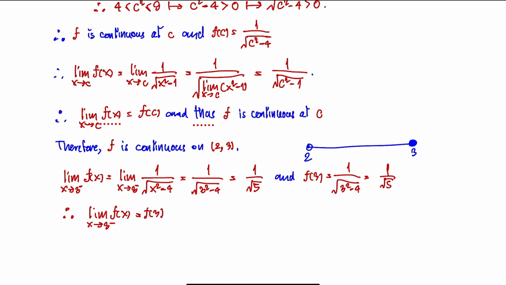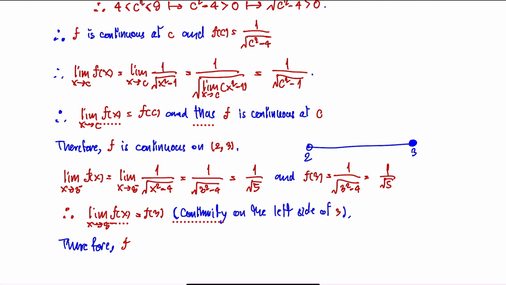Okay, so we have continuity on the left side of 3 already. So that means our function f is continuous on this interval including 3.